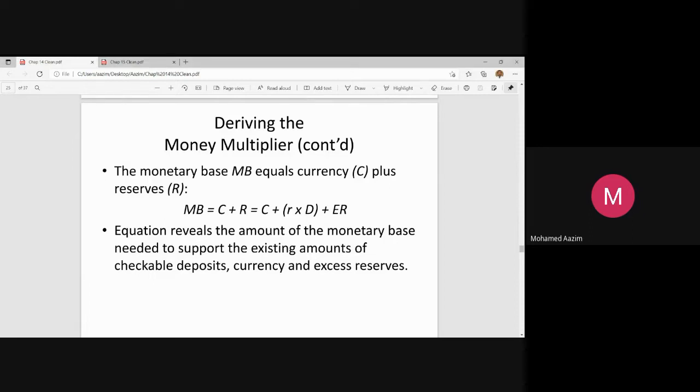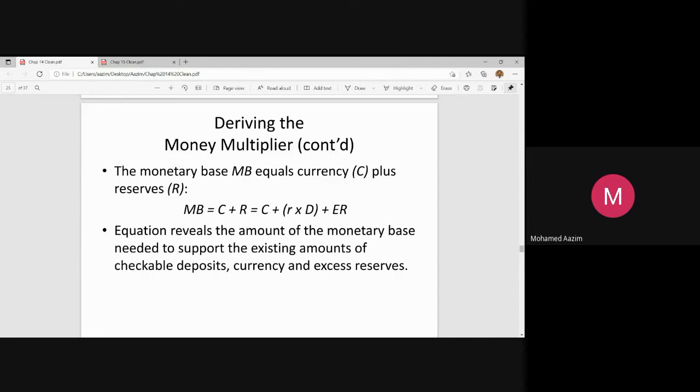So you simply see here the money multiplier. We are now expanding. You already know the monetary base. We were repeatedly signaling this monetary base with our discussion to say that C plus R. You know what is R there, what is C there, right?